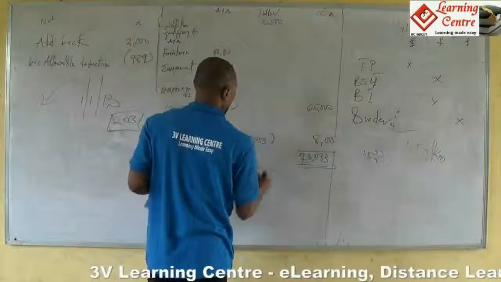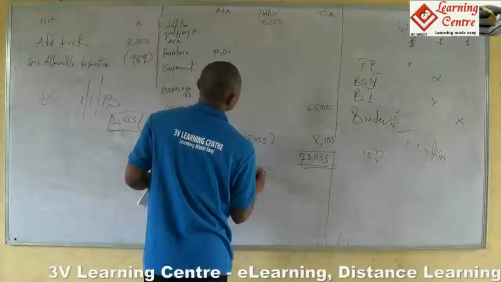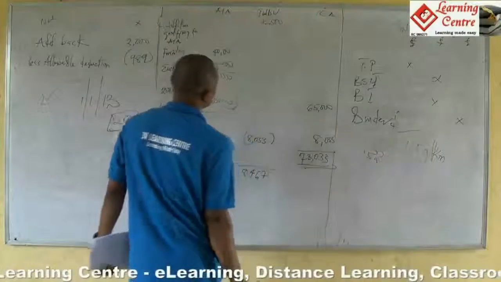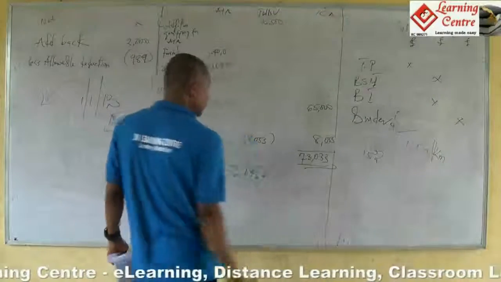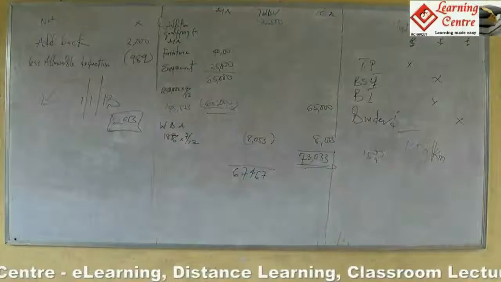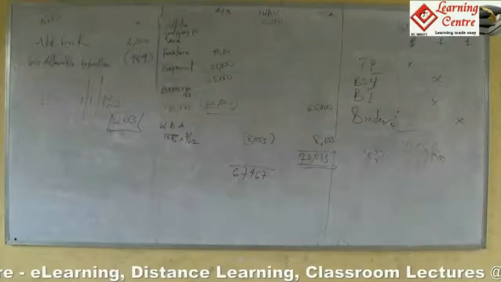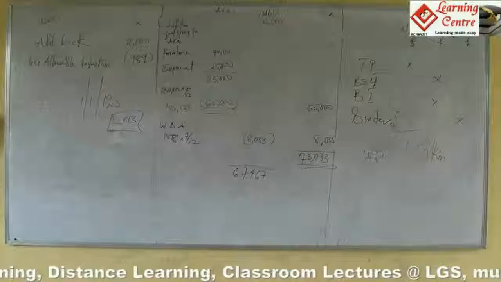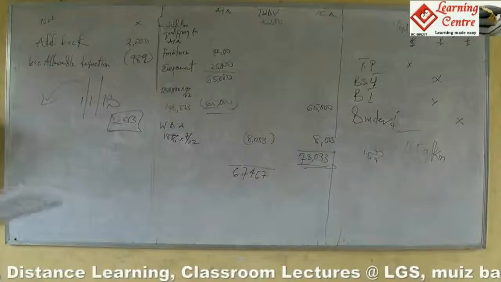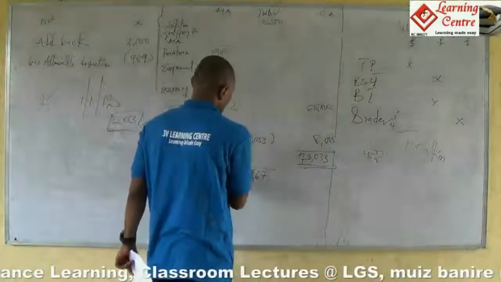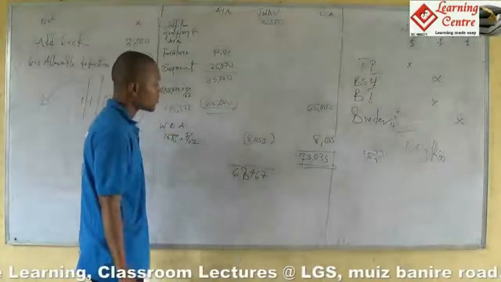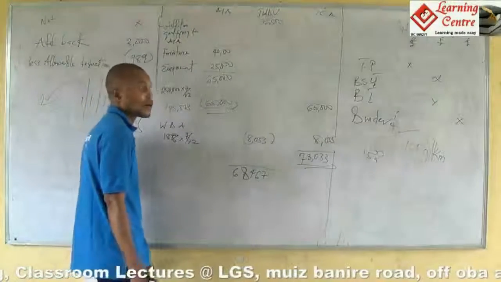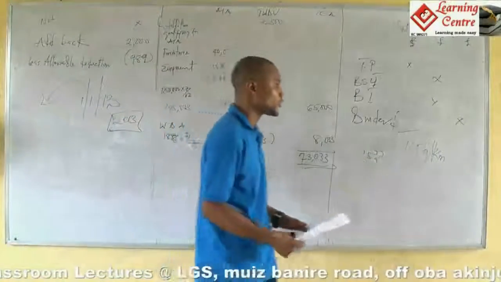Then the tax written down value will be 68,467. That's how you do it.